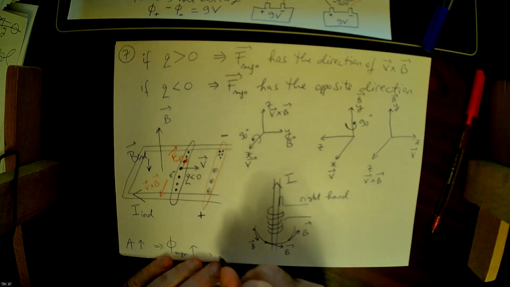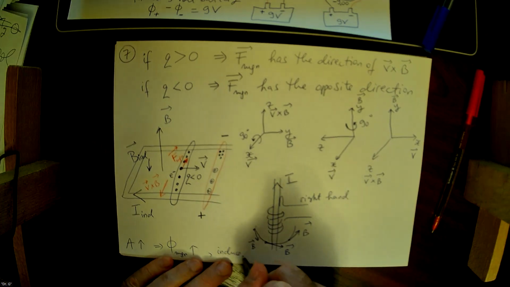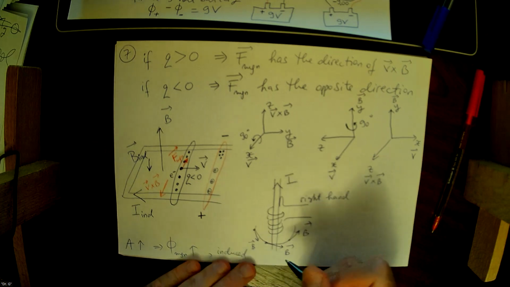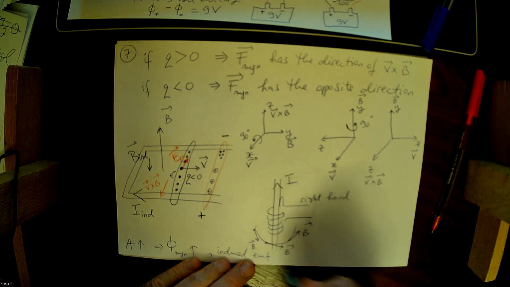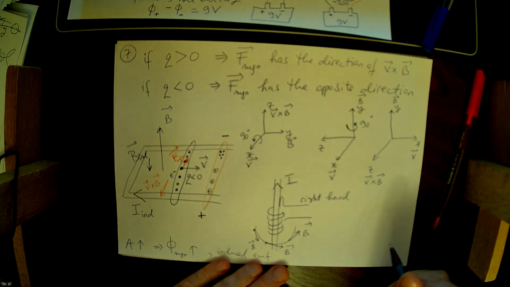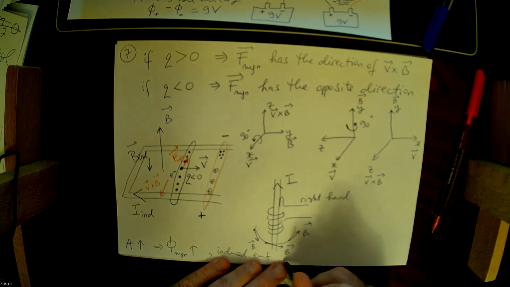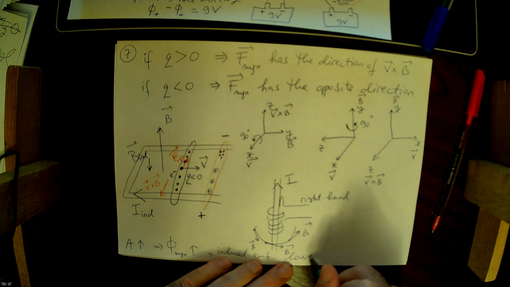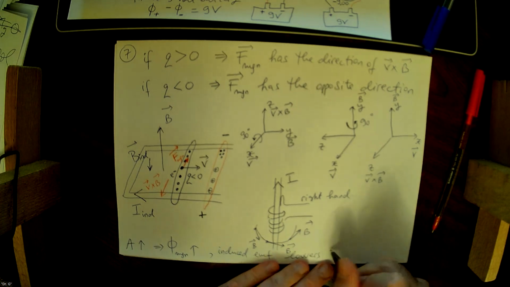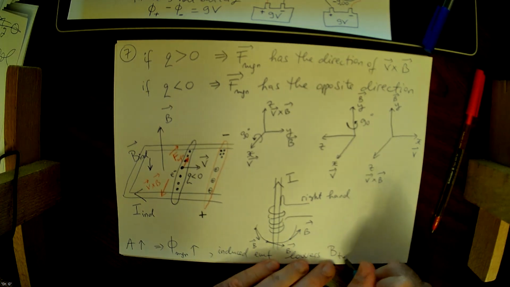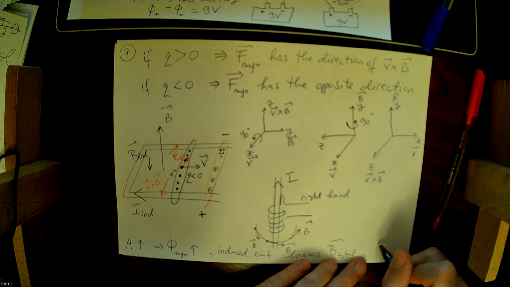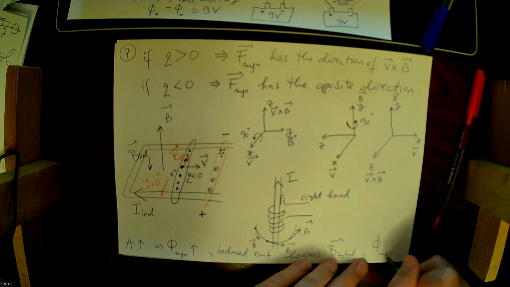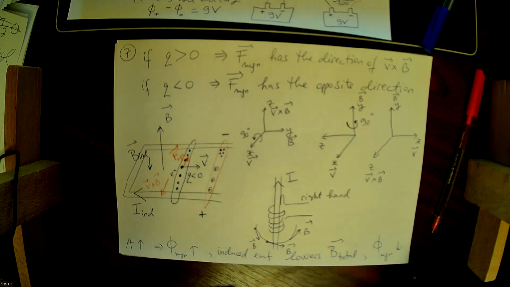Okay, the induced EMF lowers the total B, and as a result, lowers the magnetic flux.